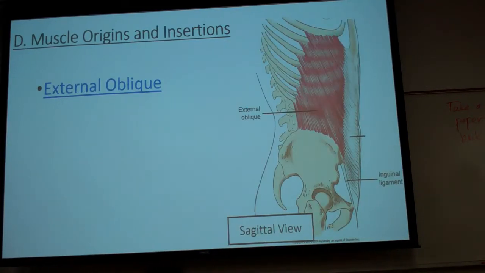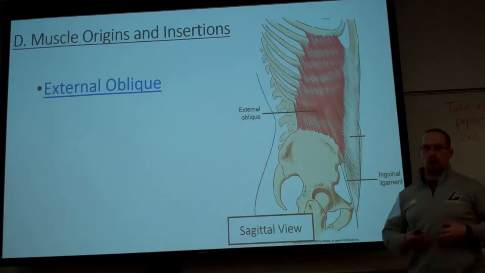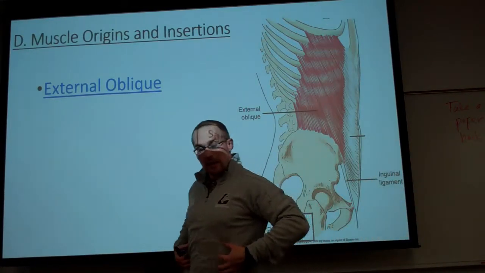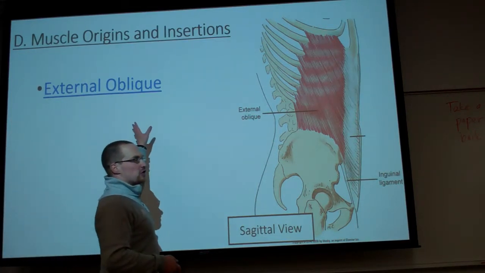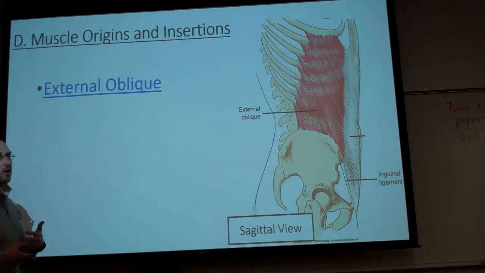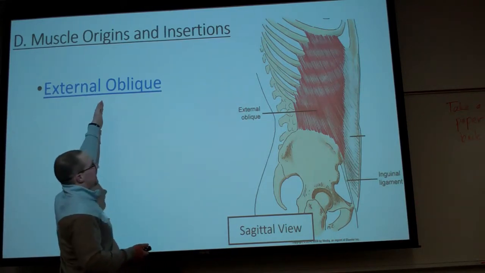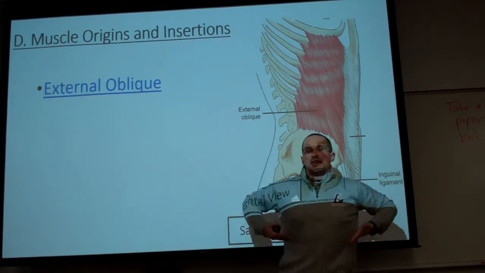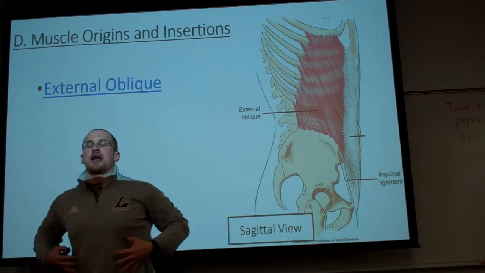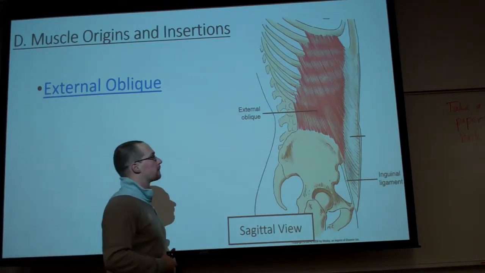The next two, these are your oblique muscles. These muscles run from the front and partially around to the side. The difference between the external and internal oblique is the way the muscle fibers run. Notice external oblique, those fibers are coming down and in, kind of like you're putting your hands in your pockets.